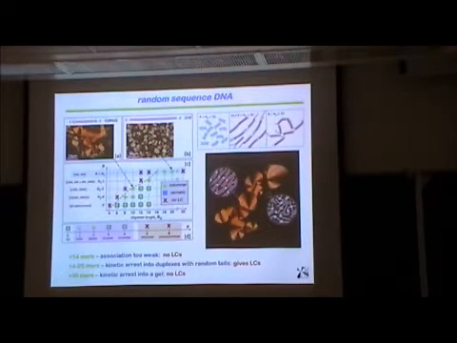So this is the experiment. This is the solution of 20mers. You have these columnar phase domains. They have all the characteristics of the complementary liquid crystal structures.